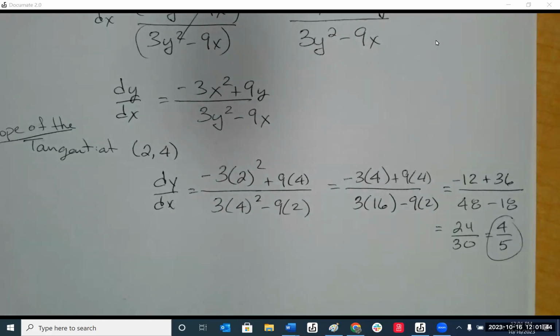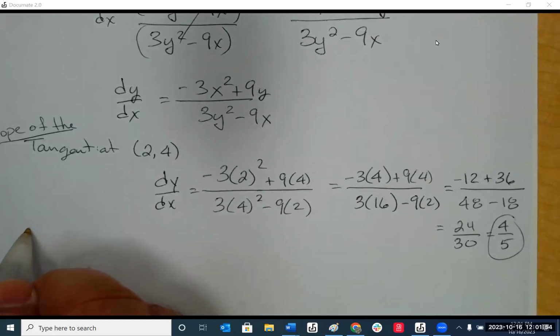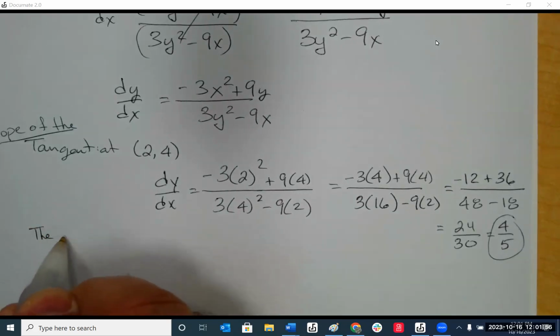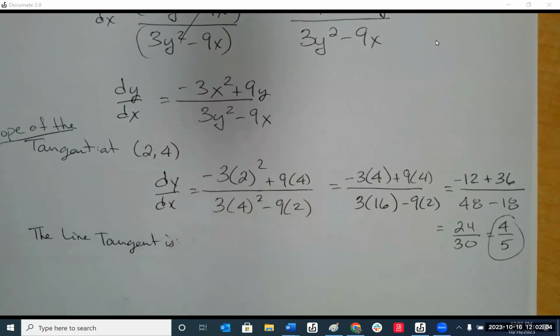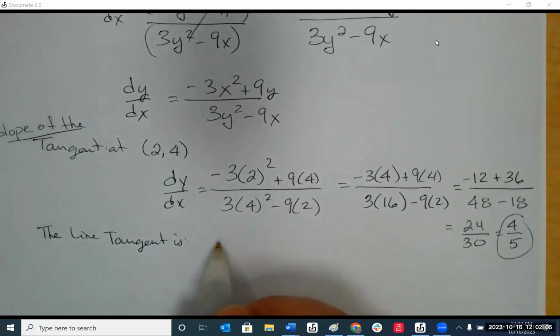So then find the tangent and normal to the curve. We have to find the equation of the line tangent. The line tangent is y equals mx plus b.